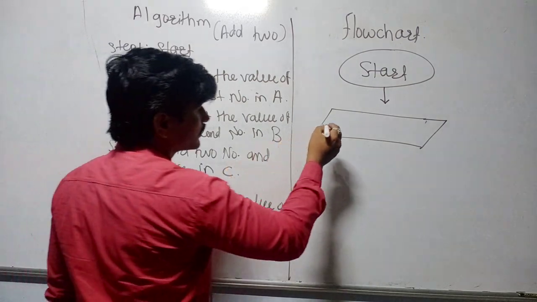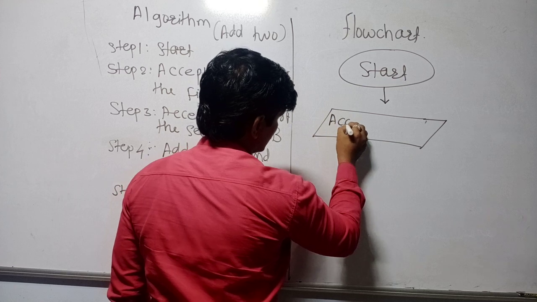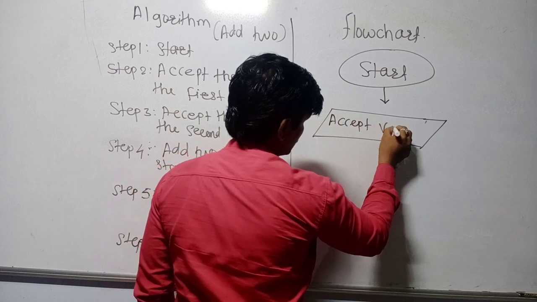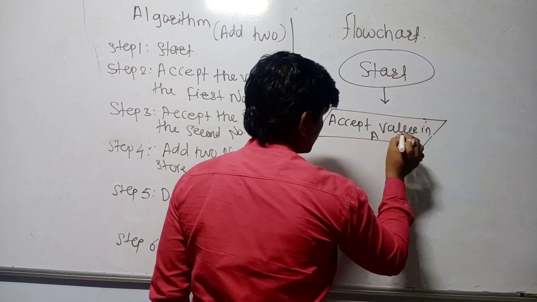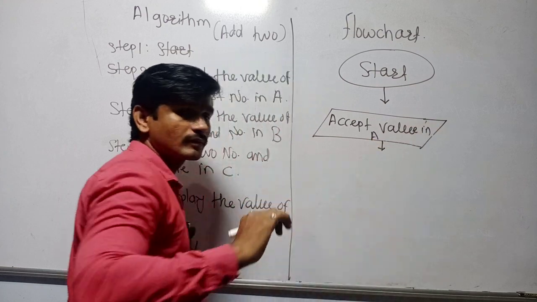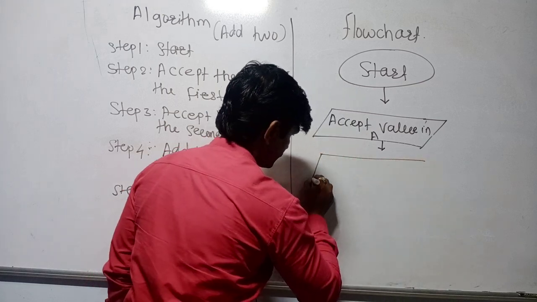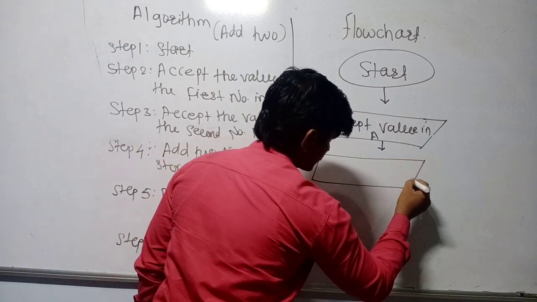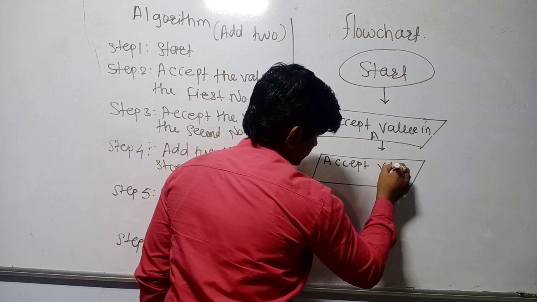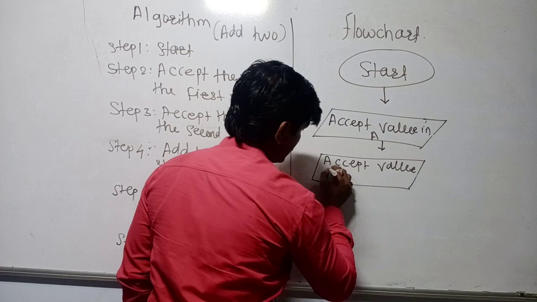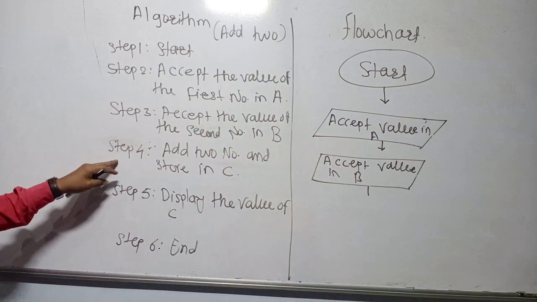Accept value in A. This is the first input. Second input, accept value in B. Now we have to go to the process.